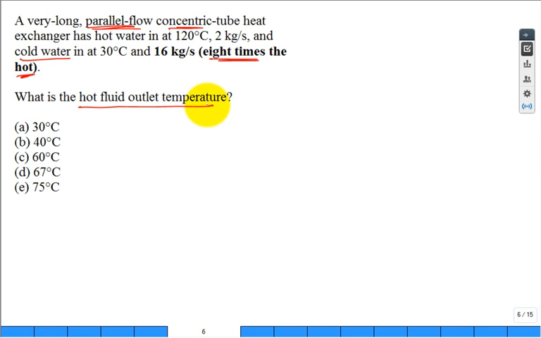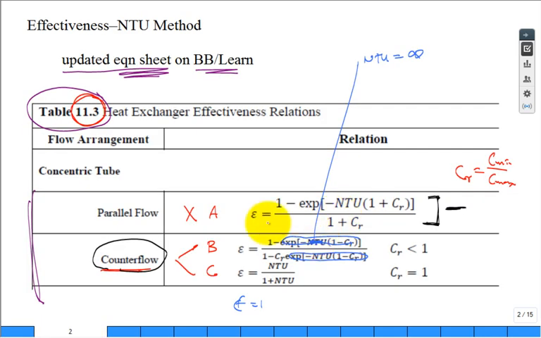I think this has to be better, Professor. Okay, so we're going to go back to this equation, and we're going to get the parallel flow. We need to get this one, do we not? Okay. If you get that one, what is the number of transfer units equal to? Still infinity.